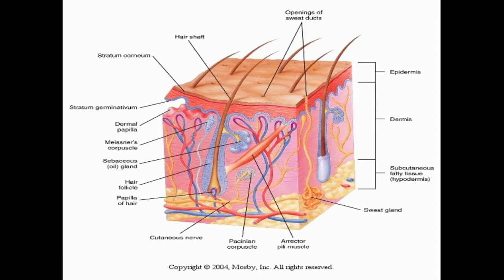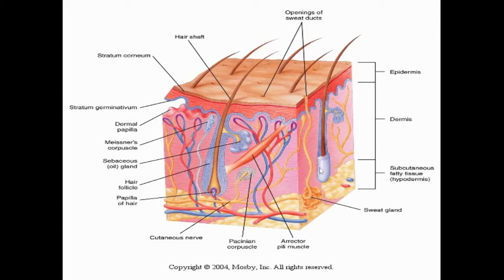I know. The smallest muscle in your body is in your ear. We'll talk about that in special senses. But that's still pretty small. So that's going to contract and then cause the hair to raise, give us goosebumps.